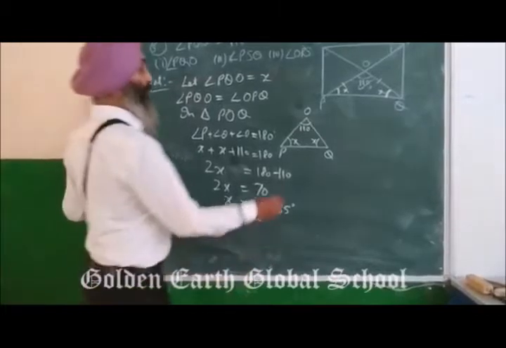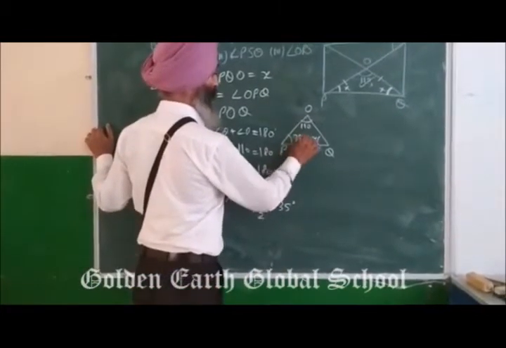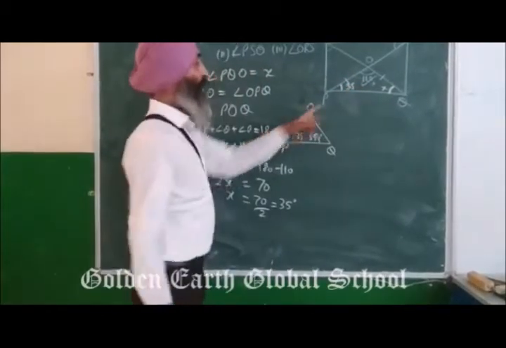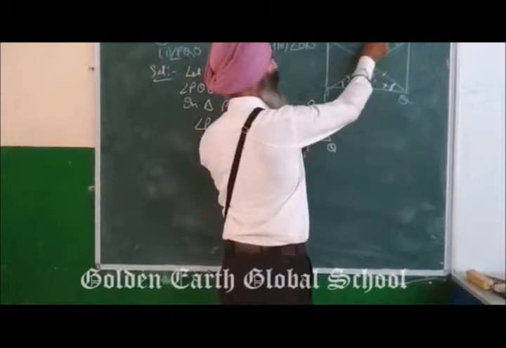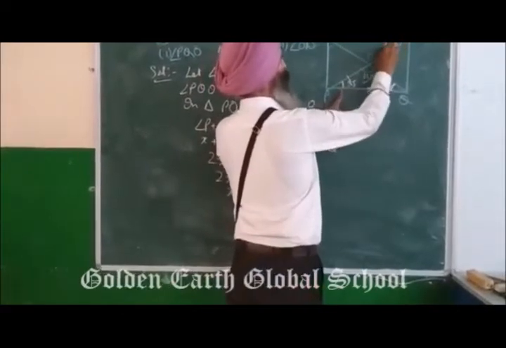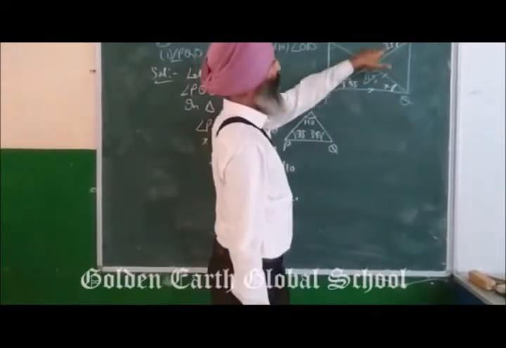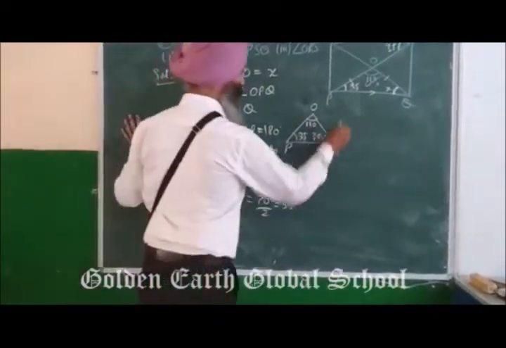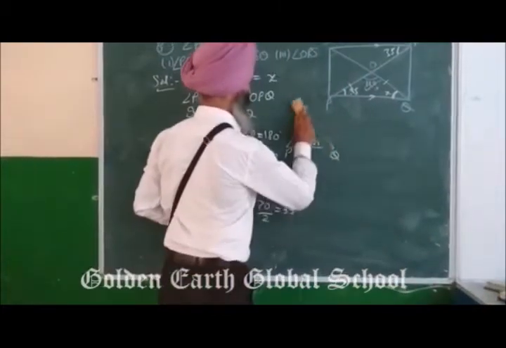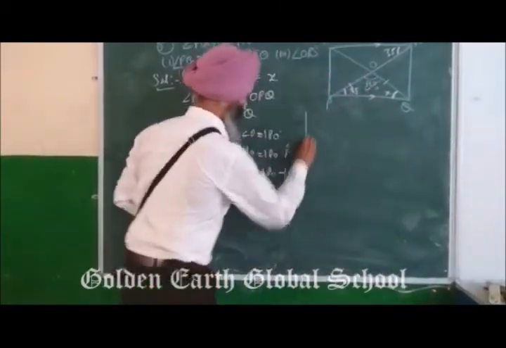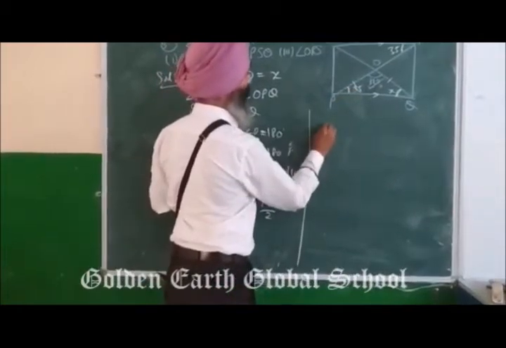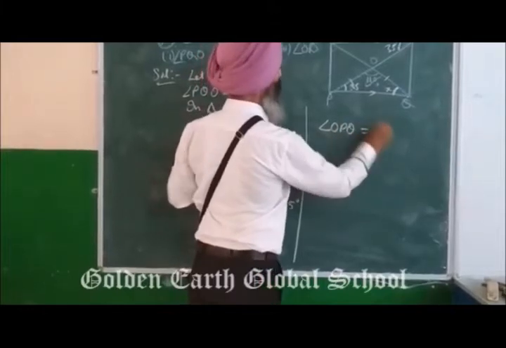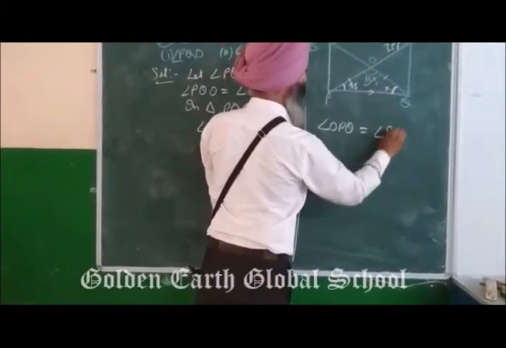So it means this angle is now 35 degrees. So if it is 35, this is 35. This is parallel to this, so you can say that this angle is also 35. Because why? They are alternate angles. Okay. So I am writing here, angle OPQ is equal to angle PRS.